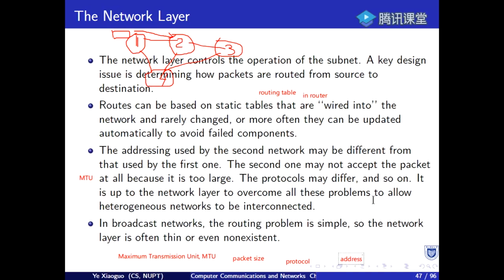So, and so on. So many issues should be dealt with in the network layer. It is up to the network layer to overcome all these problems to allow heterogeneous networks to be interconnected.